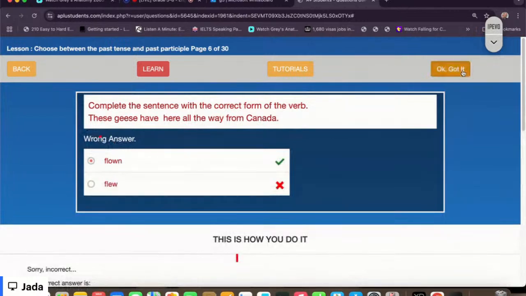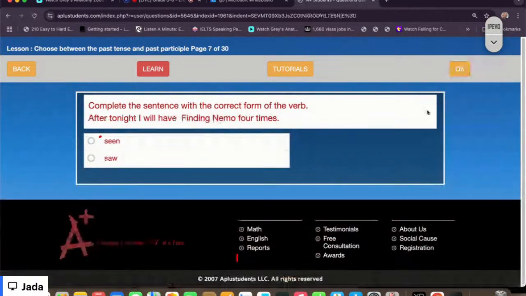Tonight I will have seen or I will have saw Finding Nemo 4 times. So is it seen or saw? What do you think?